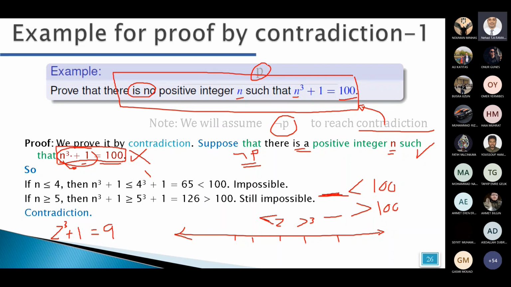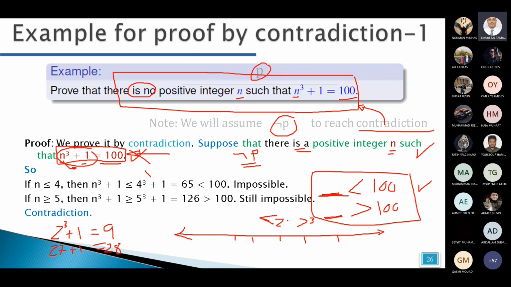And 3 to the power 3 is 27 plus 1, so 28. We did not reach the plan that we needed. So we will take more numbers because we need a number less than 100 and a number more than 100, giving us a result like this to prove that it's impossible to get 100.